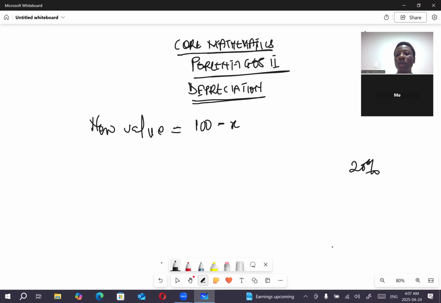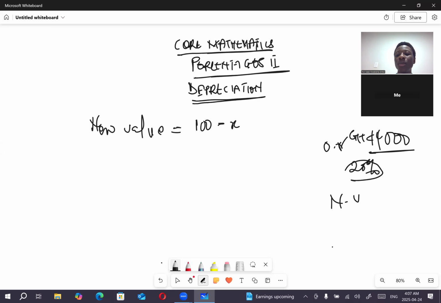So if I say the cost of a machine depreciated by 20%, if the cost of the machine was 4,000 Ghana cedis, this will be the original value. Find the new value.